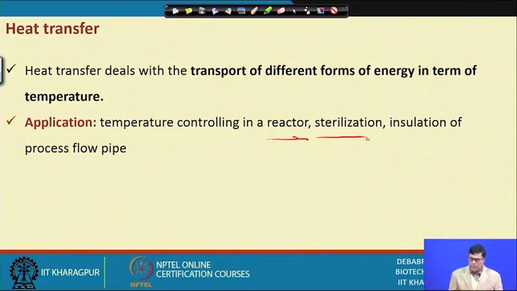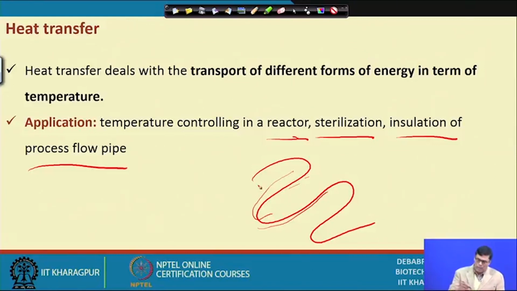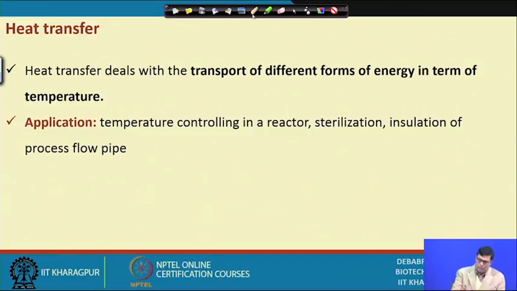Then for sterilization, because sterilization is a very important part of the fermentation industry, we have to kill the other organisms present in the system so that our desired organism can grow, and insulation of the process flow line is also very much required. Suppose, particularly in the case of a sterilizer, the pipe after the heat exchanger should be totally insulated so that we can maintain the temperature in the pipeline for the sterility of the liquid.